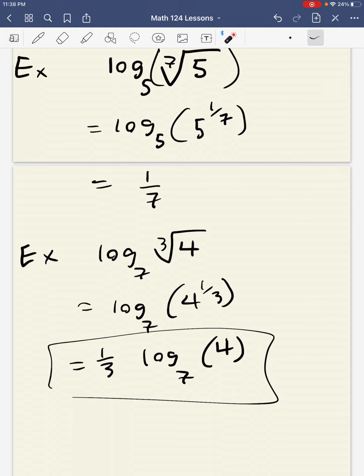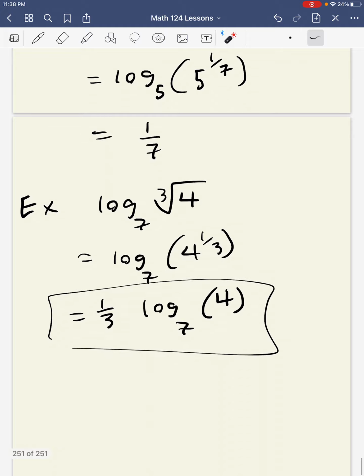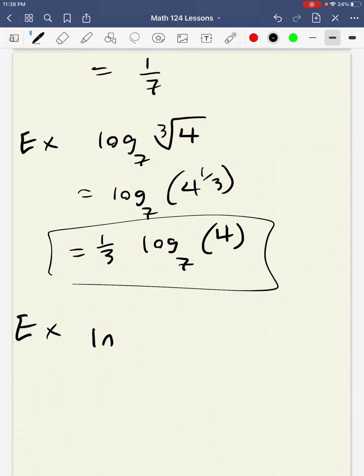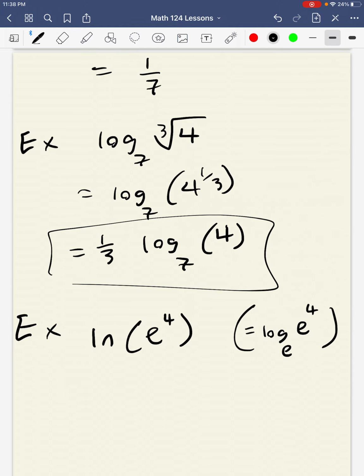Let's just do a few more examples here. Let's do natural log now, so remember this is base e. We'll start easy and use the same base. What this really is saying is log base e of e to the fourth.